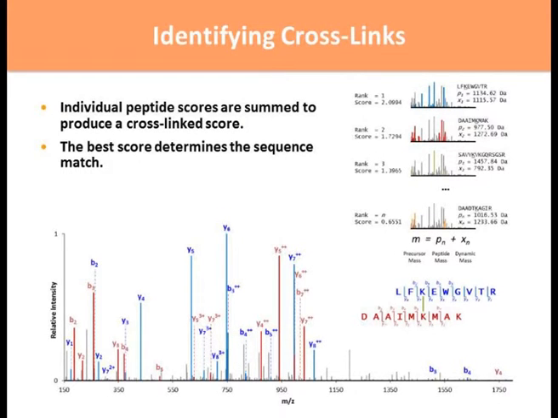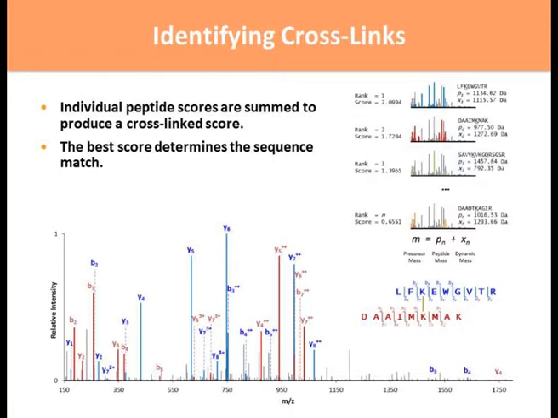It turns out that if we go through our list of peptides here, we can take the top 2 ranking peptides, add their masses together, plus the mass of the crosslinker that's holding them together, and produce exactly the precursor mass of the spectrum.